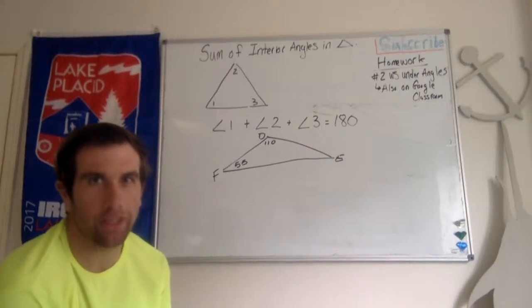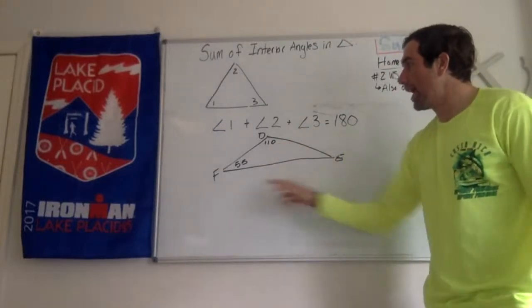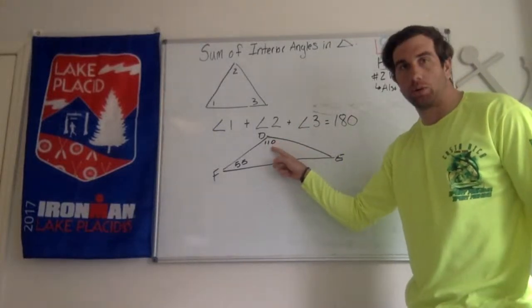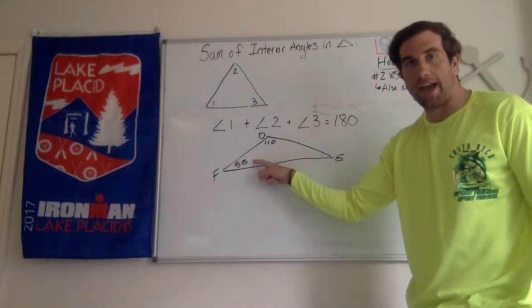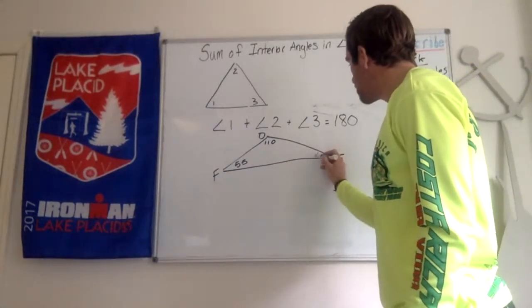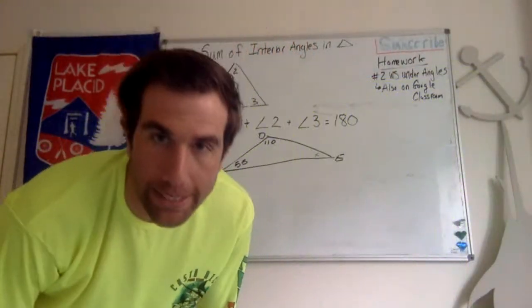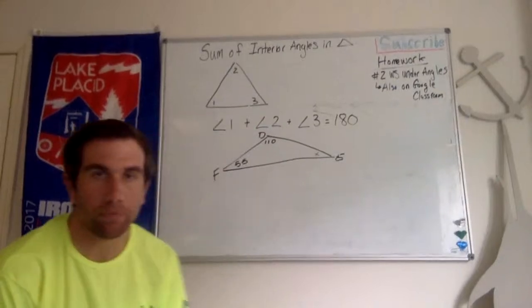So now let's take a look at this. I have triangle DEF here, right? So in DEF, I have angle D, which is 110 degrees. I have angle F, which is 55 degrees. And I need to find the measure of angle E. We don't know it.